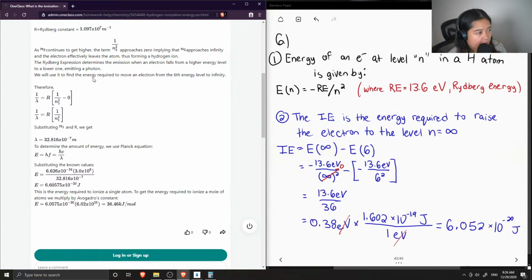We will use it to find the energy required to move an electron from the 6th energy level to infinity. So they showed how N1 is when you would plug in 6 to the power of 2. And since 1 over anything to the infinity is going to equal 0.